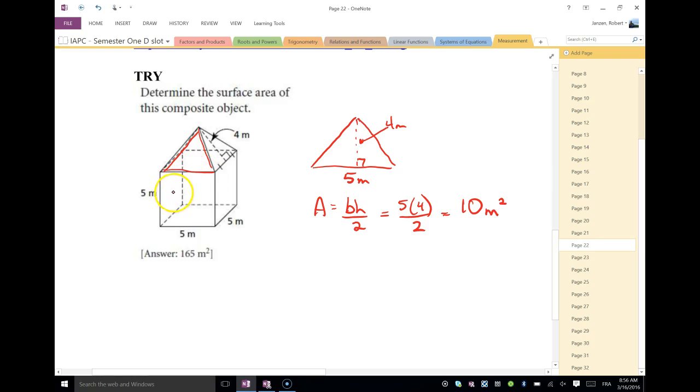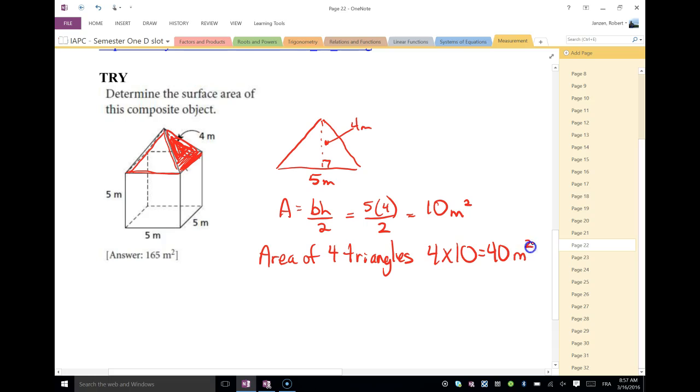This is a square base, so every one of these triangles is actually the same area. They have the same base of 5, the same height of 4. So I'm going to say here area of 4 triangles is 4 times 10. So I've got 40 meters squared.